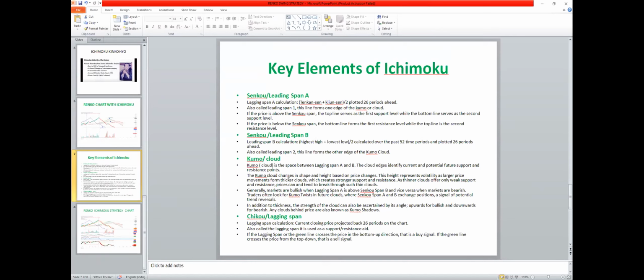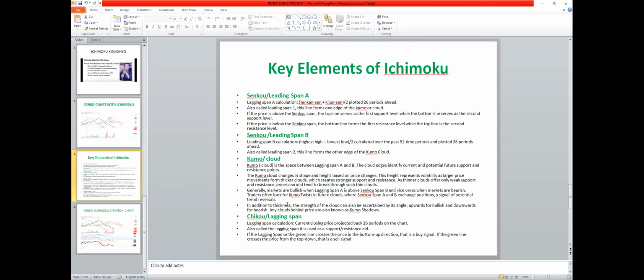The Kumo cloud changes in shape and height based on the price changes. You saw yesterday's big movement, the cloud was a little bigger, and like that you can interpret it. Generally markets are bullish when leading span A is above leading span B, and vice versa.